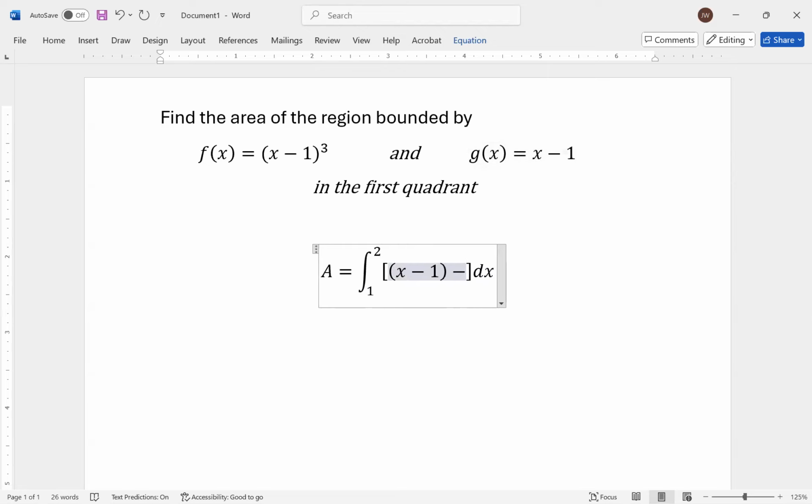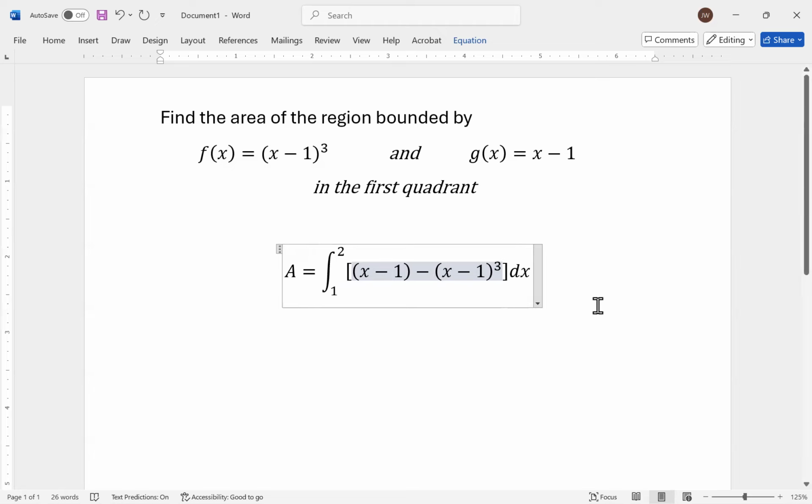And then I'm going to subtract the expression for f of x because that's the lower one, and that is x minus 1 to the third. I can actually write it like this. That won't throw anything off. So that is the calculation for my area.